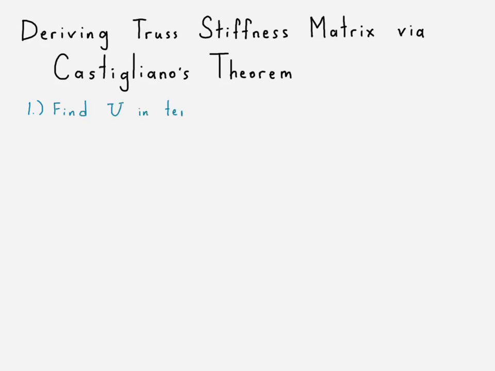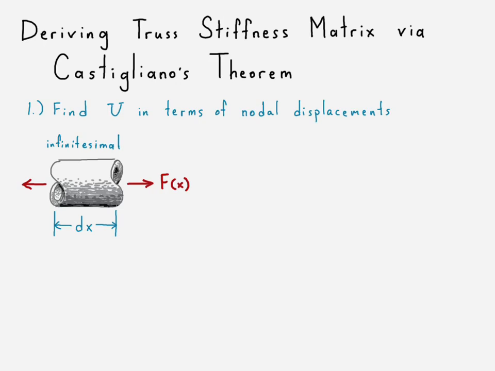All right, so the first thing we do is find the total strain energy in terms of our nodal displacements. Let's say that we have a part of a truss here, some infinitesimal portion of that truss, dx. Through that infinitesimal portion, we have a force f of x going through it, and because of that, we have an infinitesimal displacement, du.